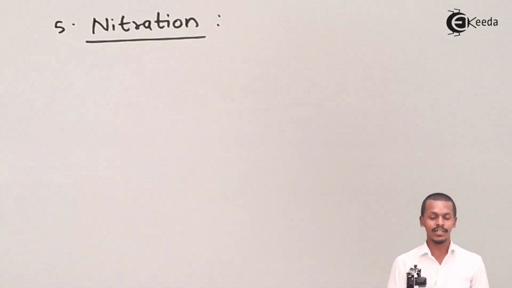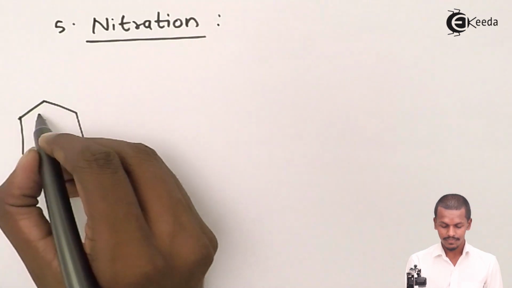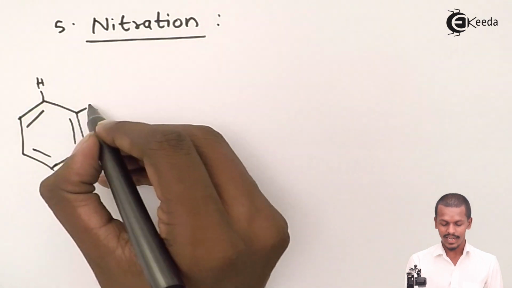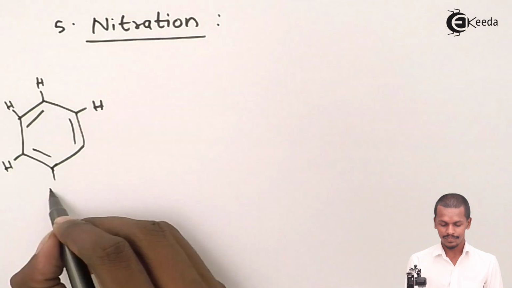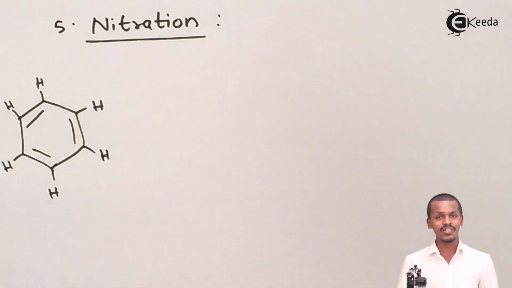Let me give you an example and show you how the reaction proceeds. For example, if I consider benzene, which consists of 6 hydrogen atoms, we have to carry out the reaction in a medium consisting of nitric acid along with sulfuric acid.